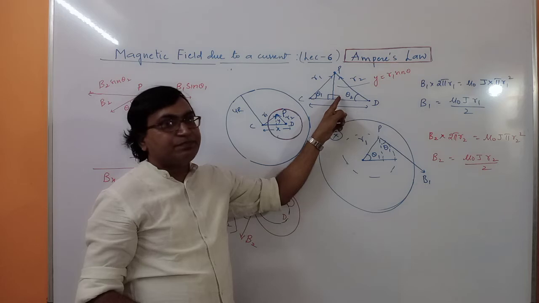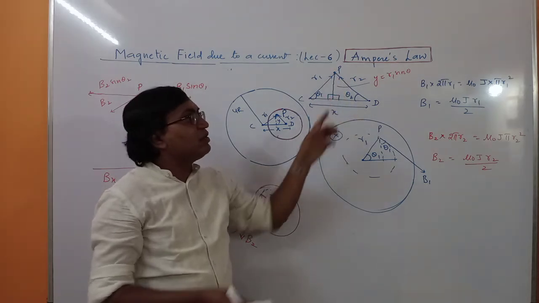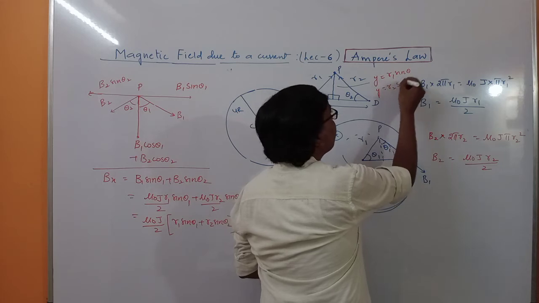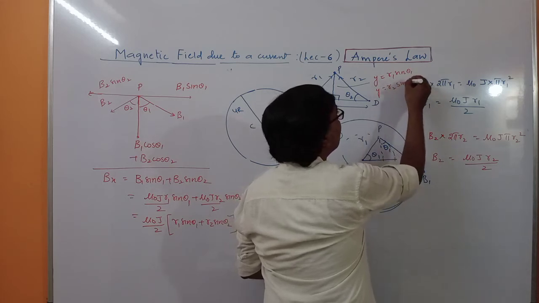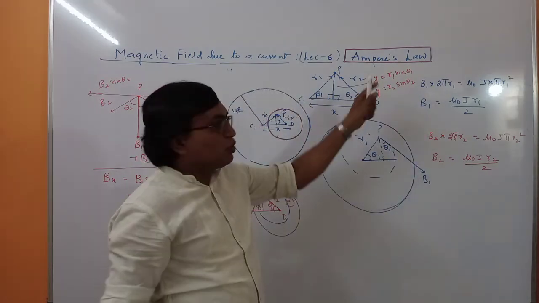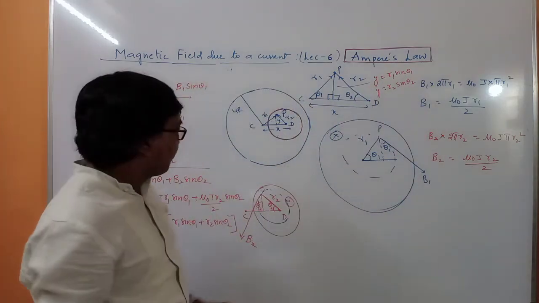From this triangle, this is R2 sine theta 2. So y is also equal to R2 sine theta 2. So R1 sine theta 1 and R2 sine theta 2 are both equal to y.